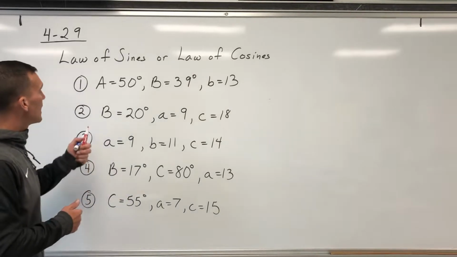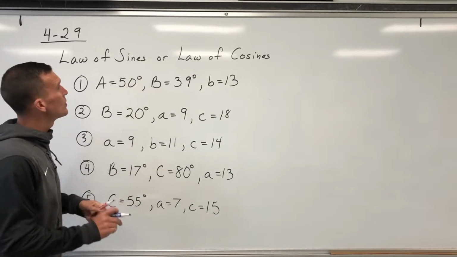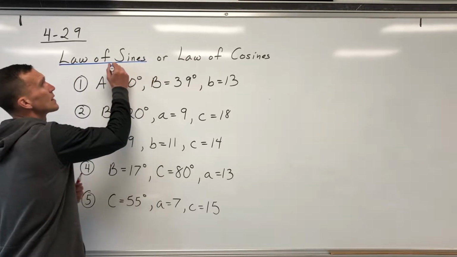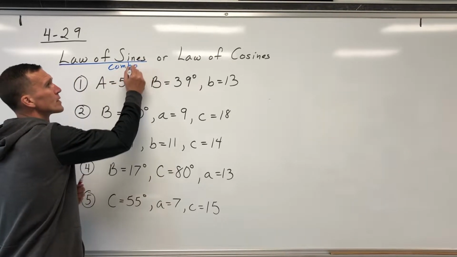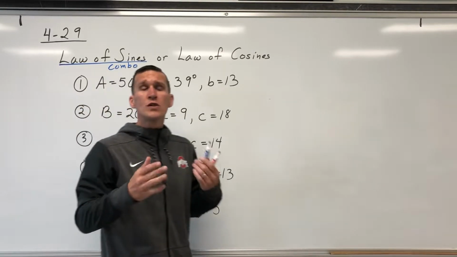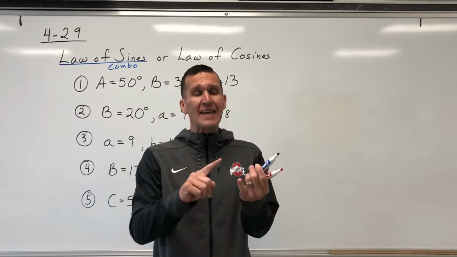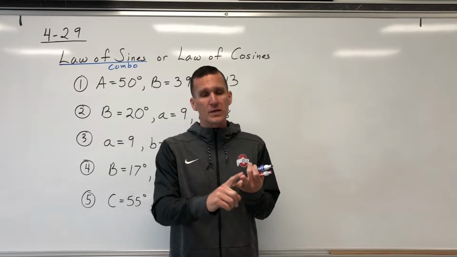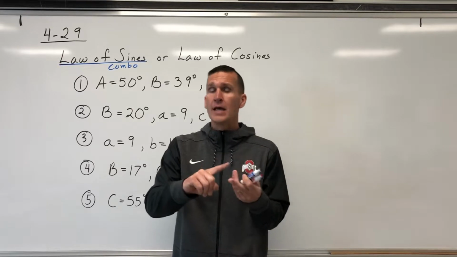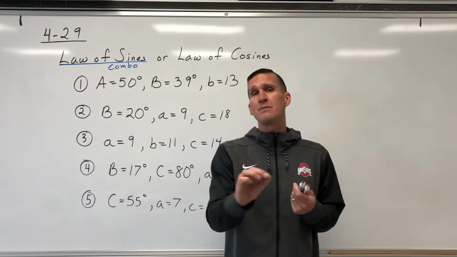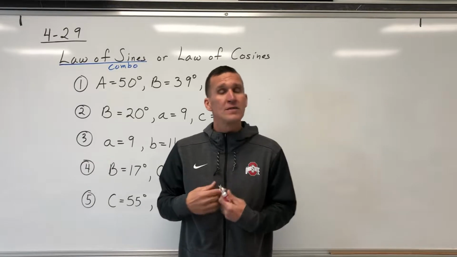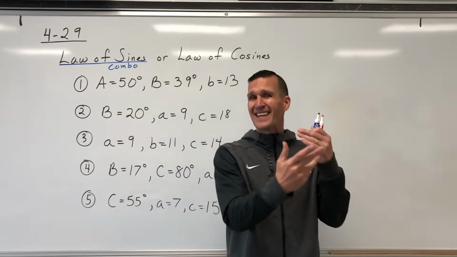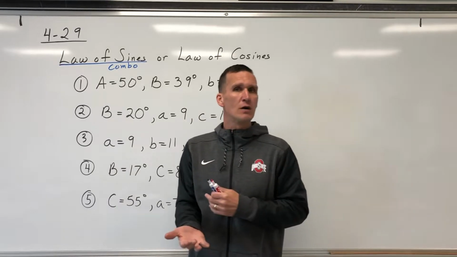So what I really know about law of sines is combo. And what I mean by that is you use the law of sines if you have a side and its angle across from it. So like little a, big A, little b, big B, little c, big C. And I call those combos. If you have those, you could set up the fraction and set it equal to another fraction to help you solve.